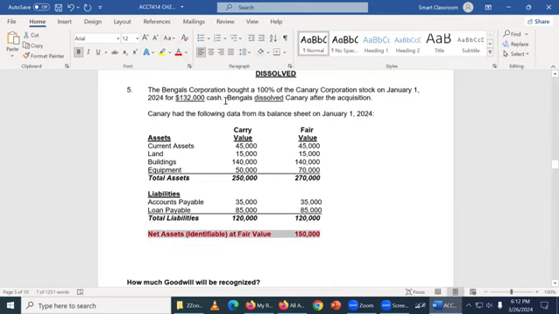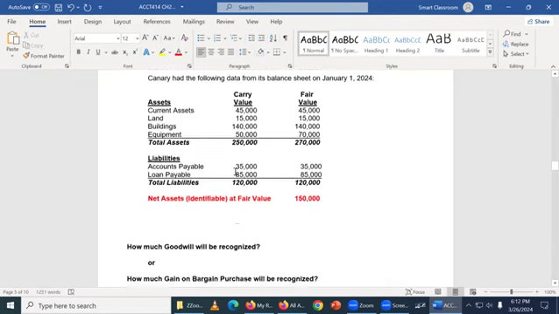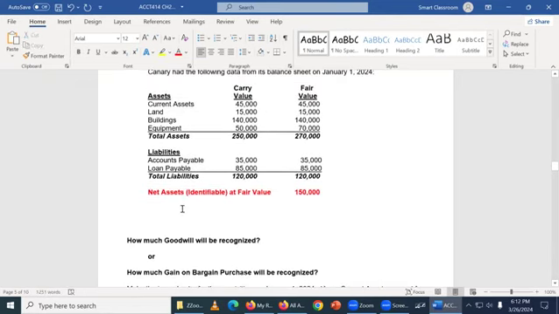And we paid 130. So this is a bargain purchase, right? Yep, of 22. Well, what we paid, they sometimes call this consideration. That's a legal term.